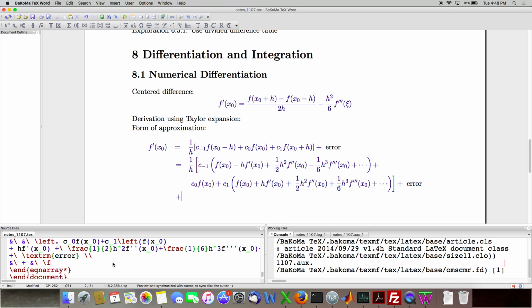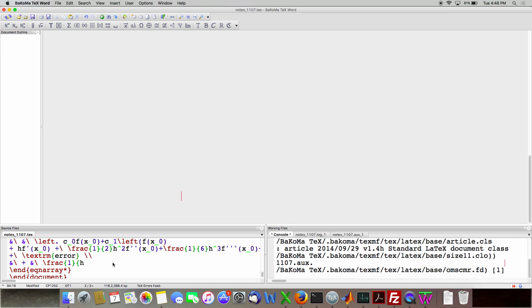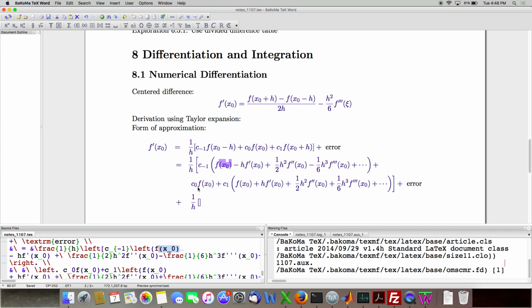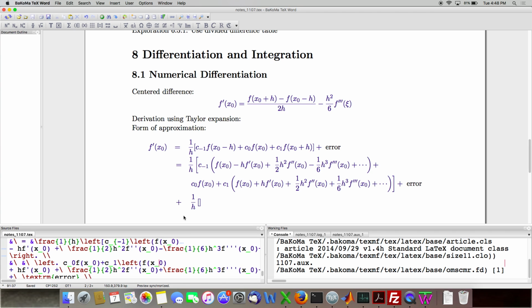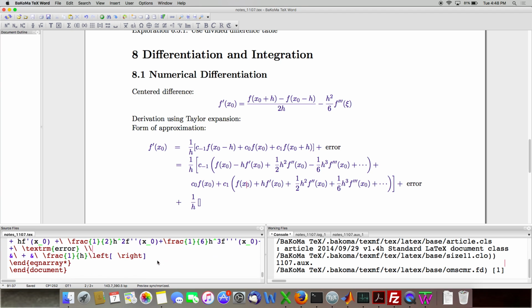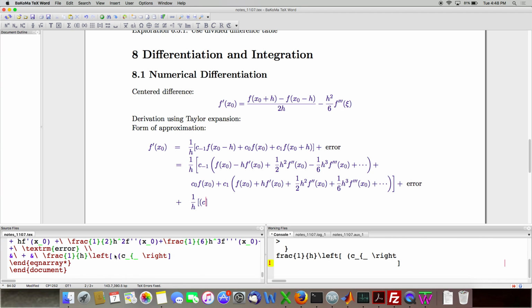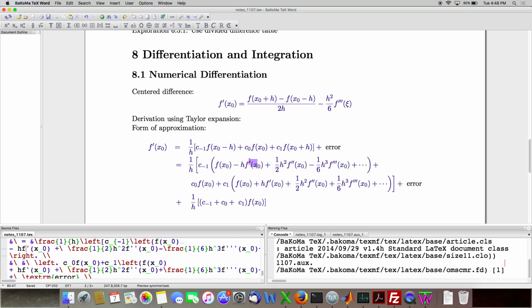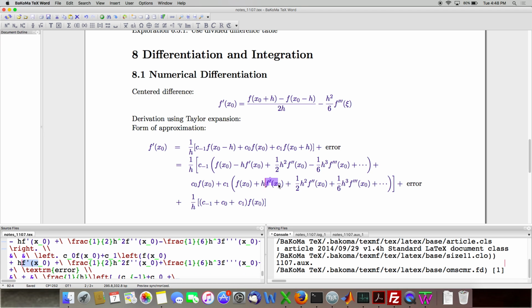Okay, so if I group all of the f of x naught terms together, I have one here and here. So I'm going to have c minus 1 plus c naught plus c1, all times f of x naught. Now I'm going to look for f prime of x naught terms. Well, I have one here and one here.